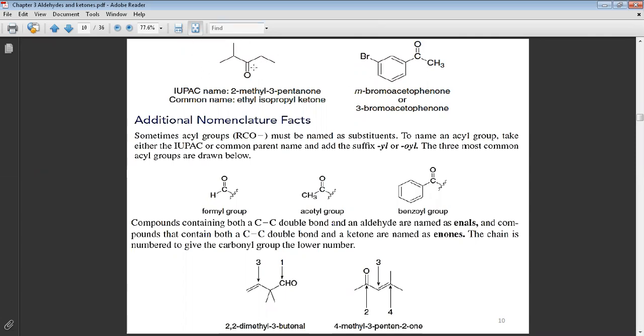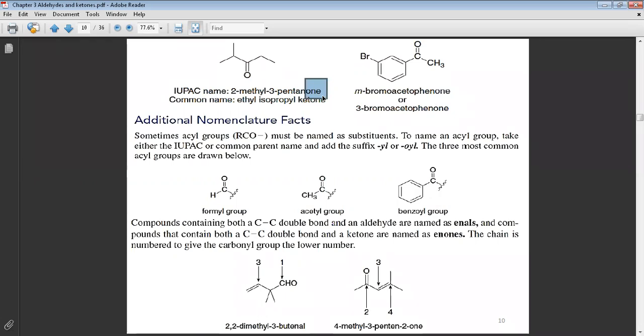Here for the acyclic compound, 2-methyl 3-pentanone. The common name is ethyl isopropyl ketone. This is the ethyl, and this is isopropyl ketone. Okay, now just folks, if you have -one, that means it will be a ketone compound.